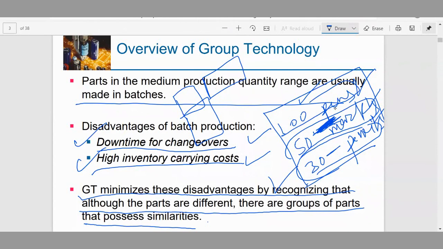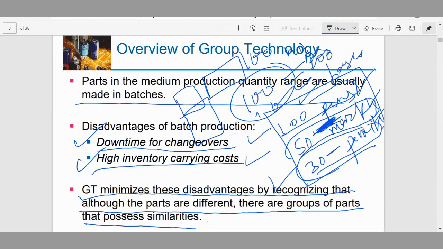For 400 markers, they will first set up for the head, make 100 heads, then 100 bodies, then 100 nibs, right? So it is taking too much time.